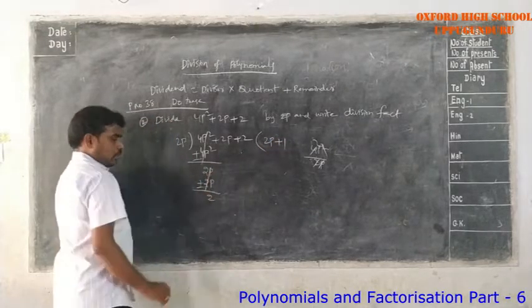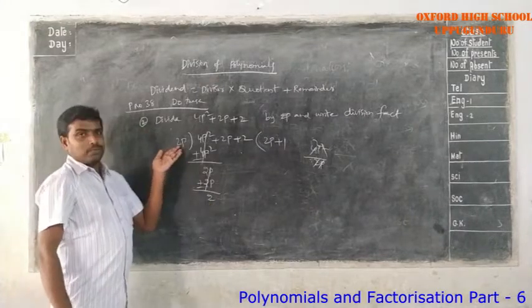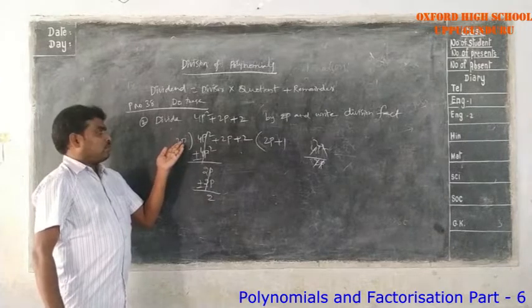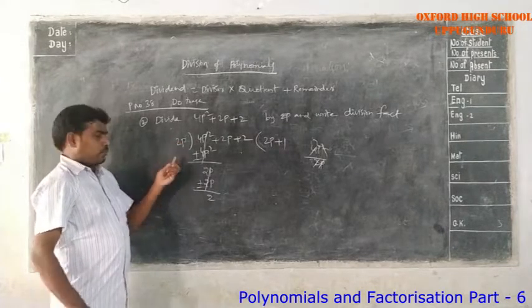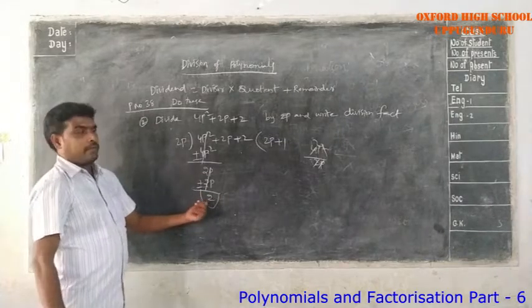Here 2. What is the degree of this 2? 0. The degree of 2p is 1. So the degree of r of x is less than the degree of the divisor. That's why you have to stop the division. So this is the remainder.